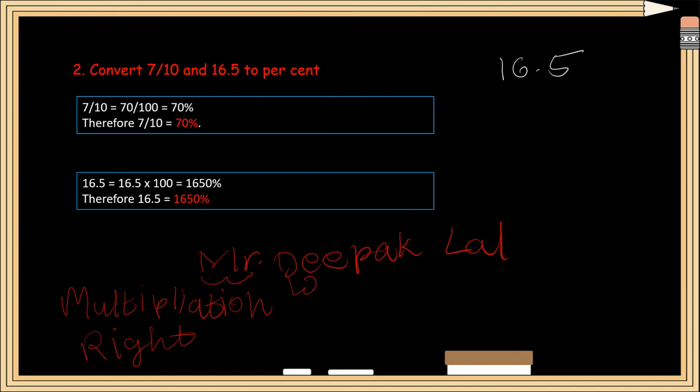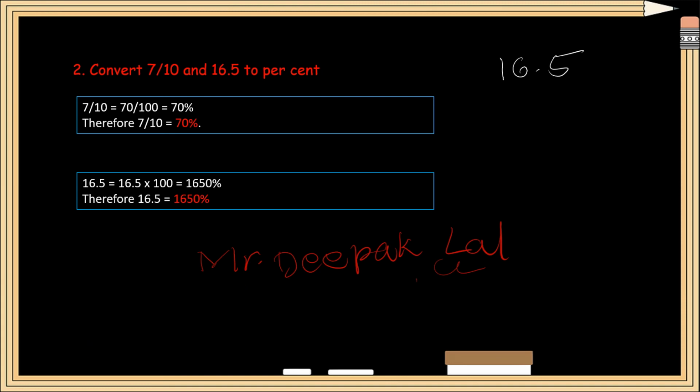And in Deepak Lal, the first letters are D in Deepak and L in Lal, so D is division and L is left. So division left. This is a very easy mnemonic to remember.